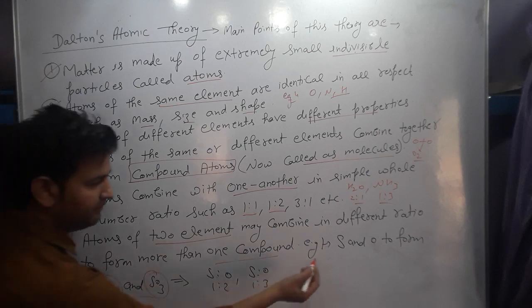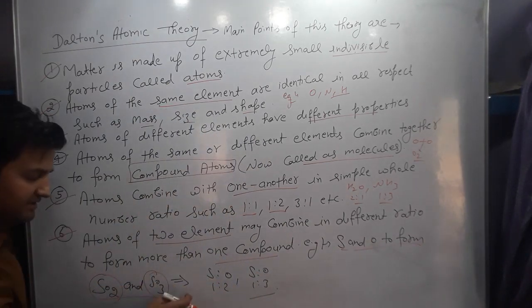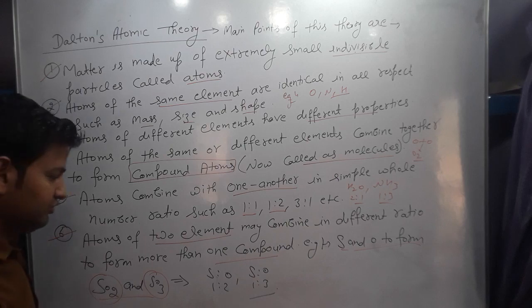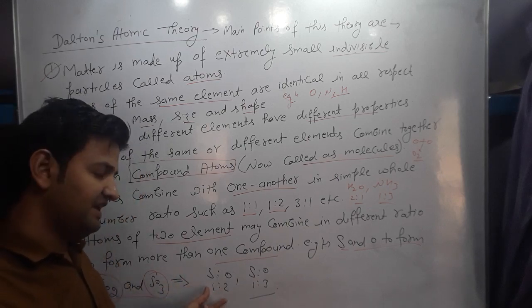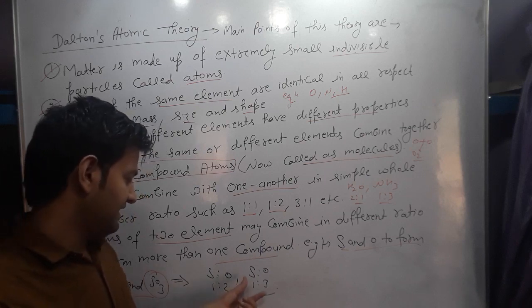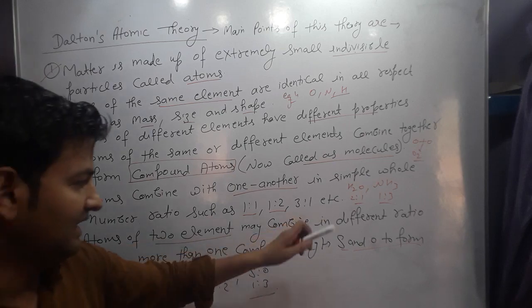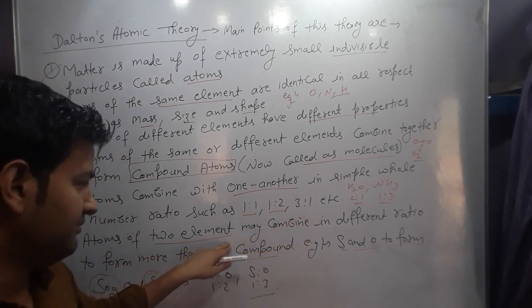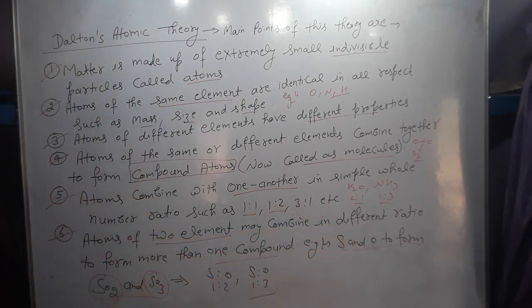We take sulfur and oxygen, which combine to form sulfur dioxide and sulfur trioxide. Sulfur dioxide is SO2, and the ratio of combining atoms is 1:2. In the case of SO3, 1 sulfur atom and 3 oxygen atoms. So we can say that atoms of two elements, दो elements के atoms, may combine in different ratios. The ratio is different and they form more than one compound. The example is sulfur and oxygen.